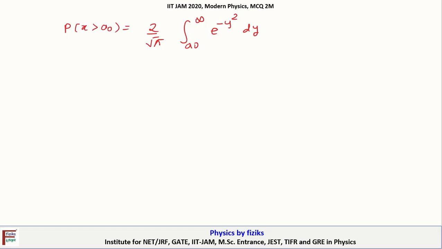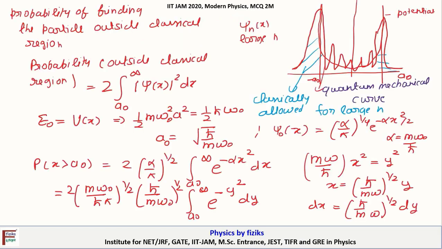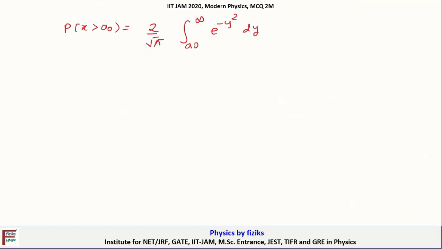Now, let us know this: when we change the variable, our limit should have changed. So I am writing here, instead of a0, y0. Let us determine the value of y0. Y square was defined as x square into m omega naught by h cross.